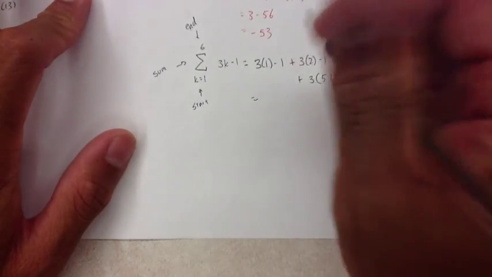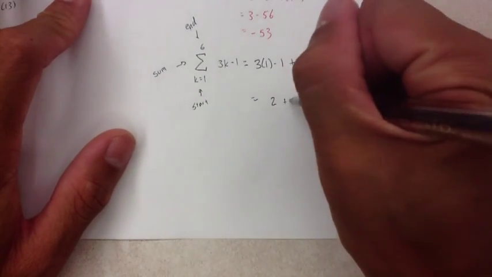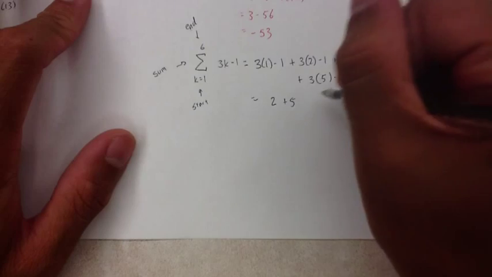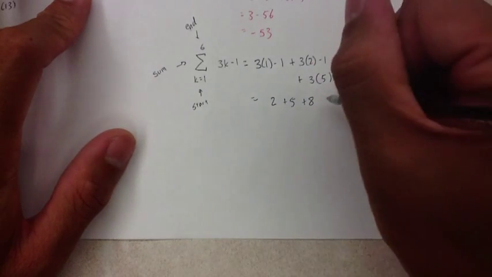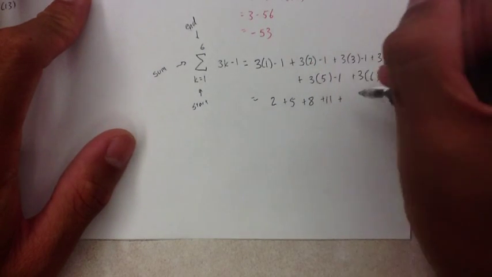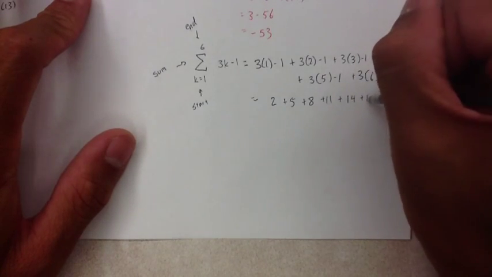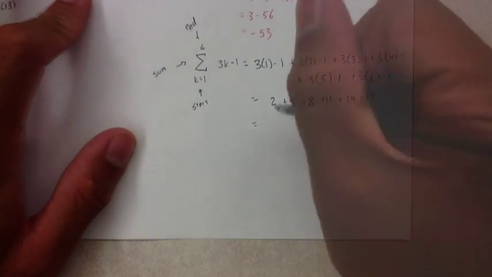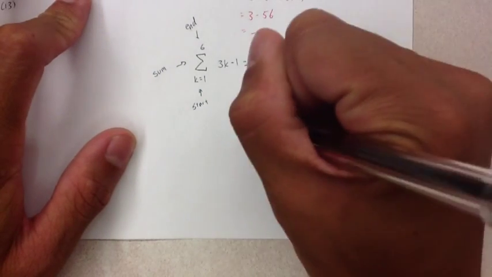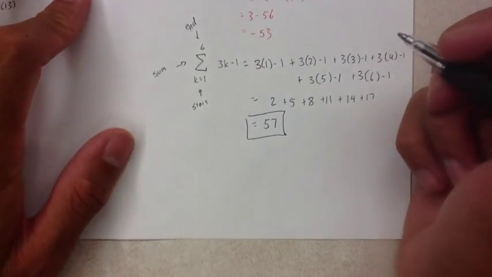And in this case, 3 minus 1 is 2, 6 minus 1 is 5, 9 minus 1 is 8, 12 minus 1 is 11, 15 minus 1 is 14, and 18 minus 1 is 17. So adding all of these together, 57. That's the sum of all of my terms.